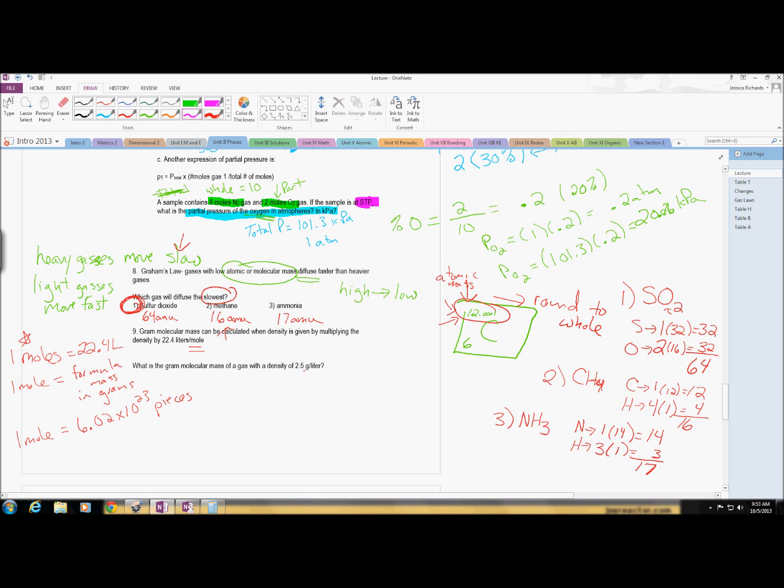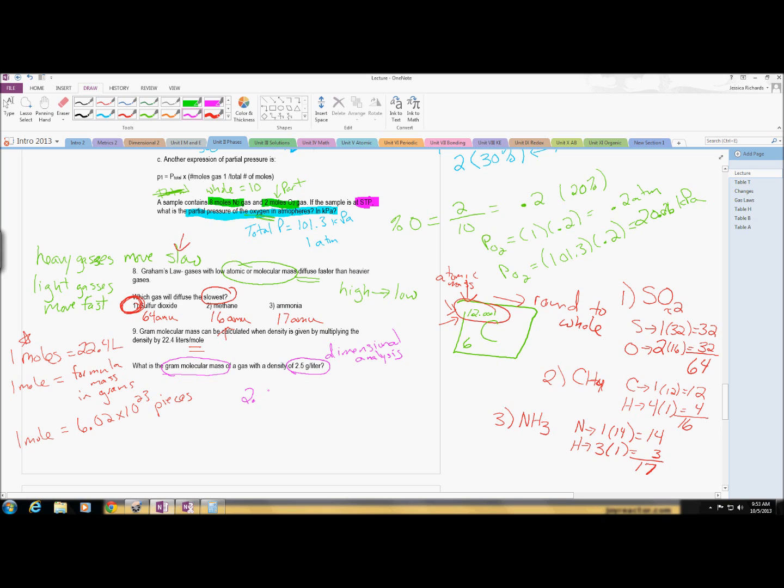This question is just dimensional analysis, or factor label. So if you look, they want to know what is the gram molecular mass of a gas that has a density of 2.5 grams per liter.